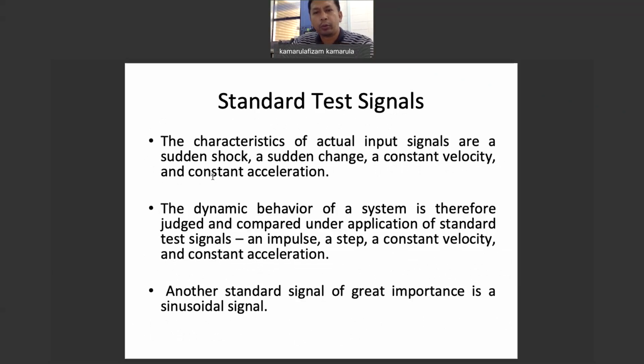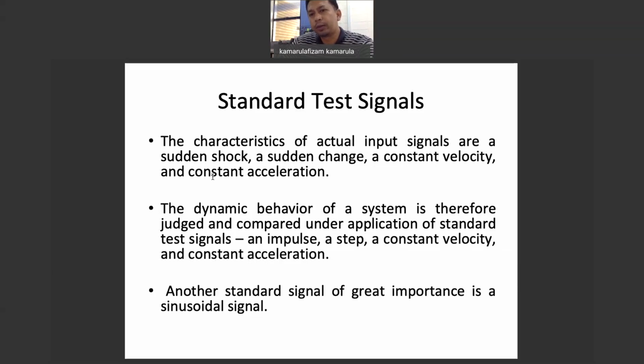Typically, when you have a control system running, the nature of the input signal can be categorized into several categories. For example, the system that we built can work with some kind of shock signal, a sudden change of input.